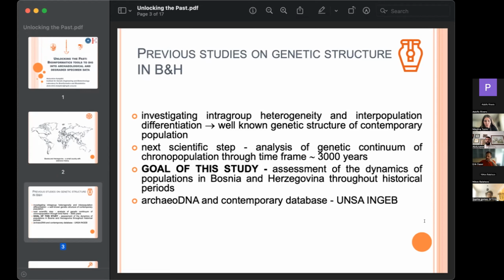The focus of this PhD thesis will be the prehistoric period, while data stored in archaeoDNA and the contemporary genetic database within the framework of the Institute for Genetic Engineering and Biotechnology will be used.